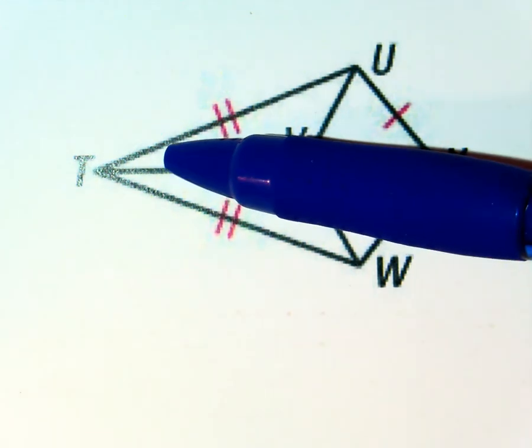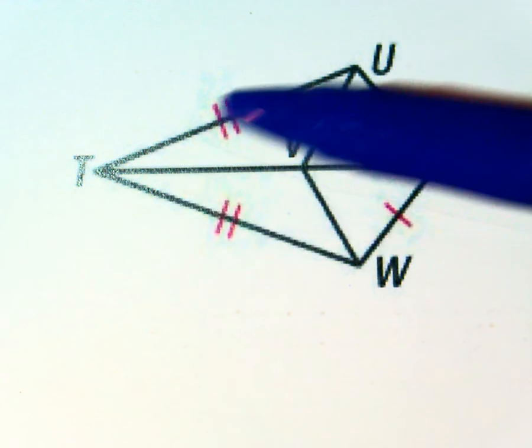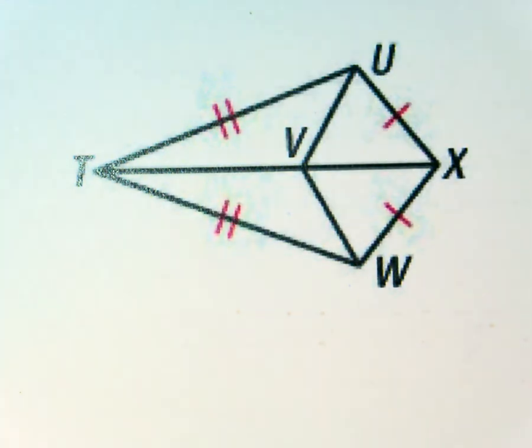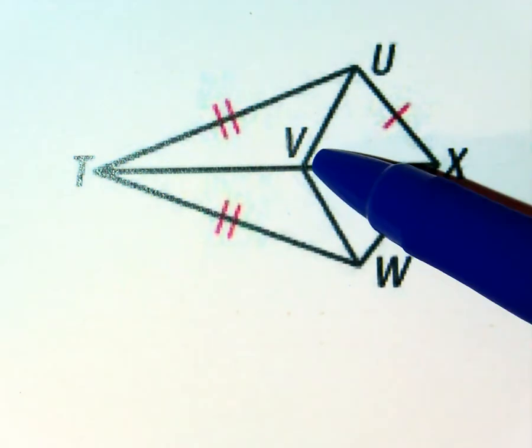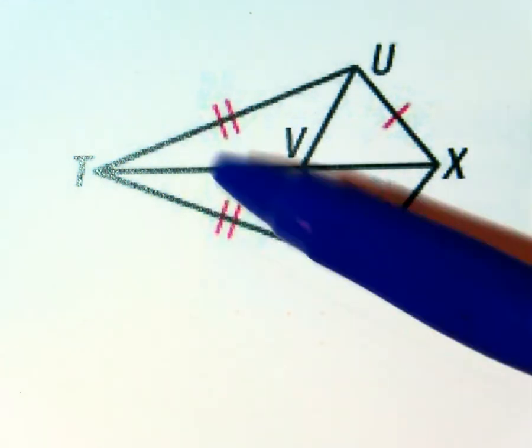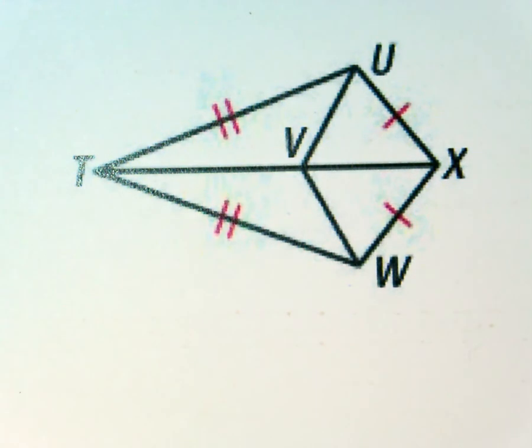So the small angle at T from the top and from the bottom are congruent, and that's the information we needed. So now we can say side, angle, side, the common one, TV, and side, angle, side. So we can prove them congruent based on what we have because they are congruent.